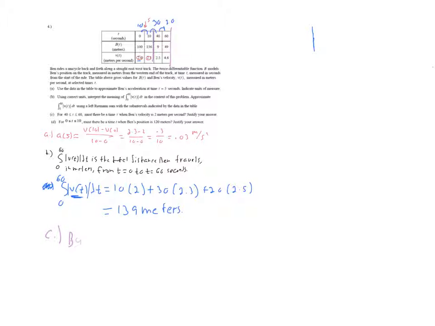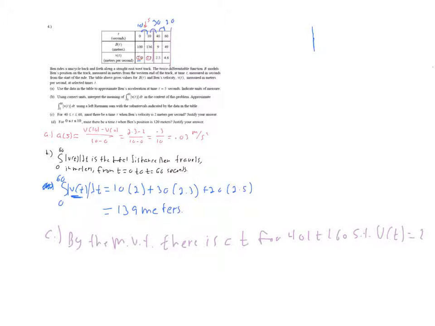So by the mean value theorem, there is a t for 40 is less than t is less than 60, such that v of t is equal to 2.